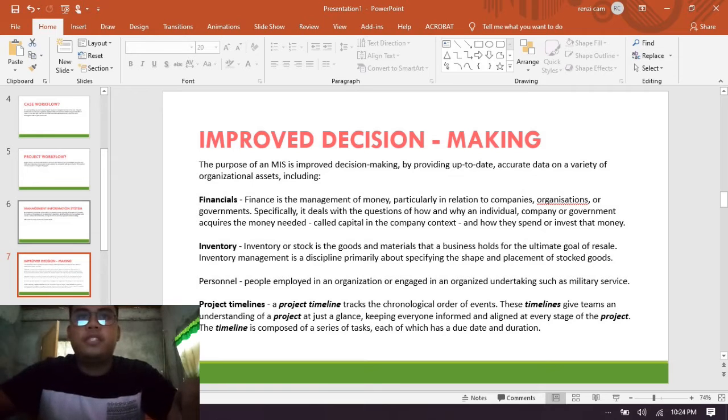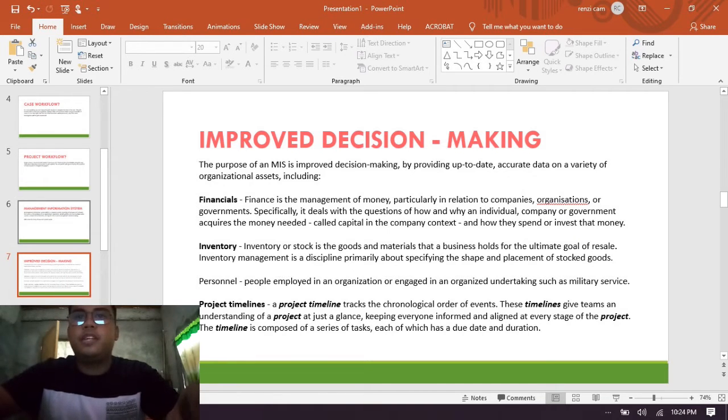The purpose of an MIS is to improve decision making by providing up to date, accurate data on a variety of organizational assets. First is the financials.